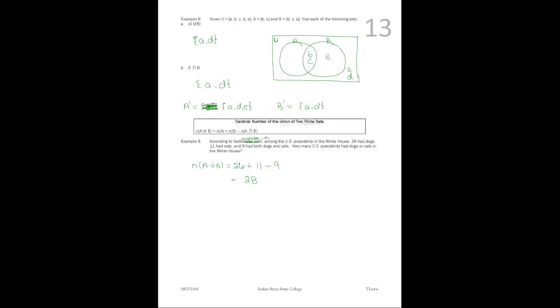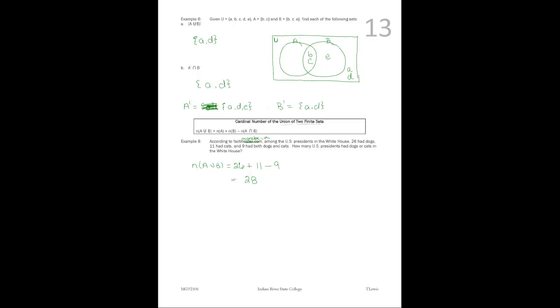The cardinal number of a set A, the number of elements of A, is the number of distinct elements in set A. We're talking about numbers. Just kind of refresh from last Thursday's notes. So, for example, we have set A equals {6, 10, 14, 15, 16}. How many distinct elements? We have a total of 5. How many elements are in or between the braces here? 5.